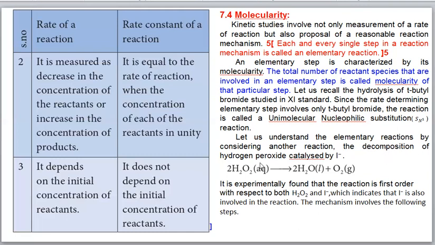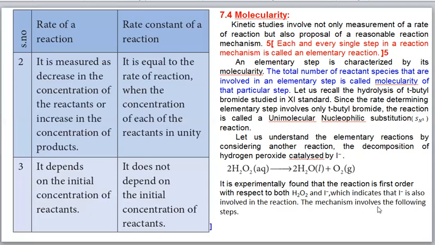Then let us understand the elementary reaction by considering another example: the decomposition of hydrogen peroxide catalyzed by iodide ion. Hydrogen peroxide decomposes to form water and oxygen. It is experimentally found that the reaction is first order with respect to both hydrogen peroxide and iodide ion, which indicates that iodide ion is also involved in the reaction.